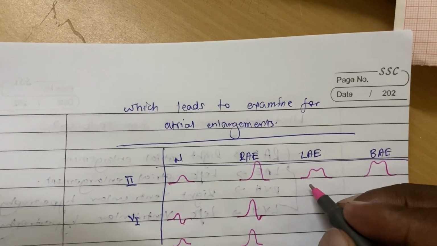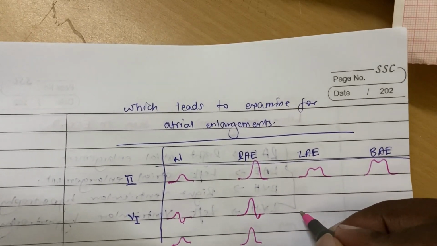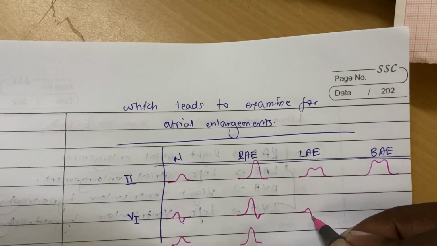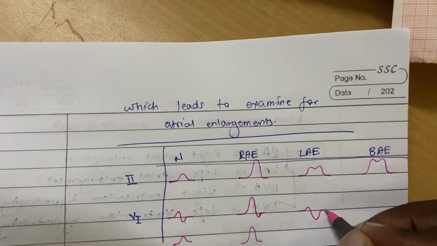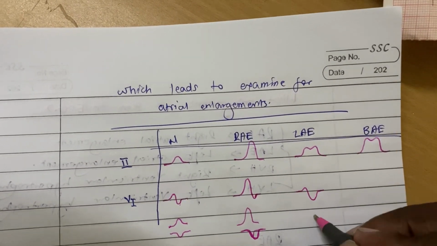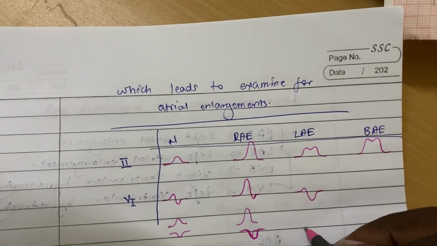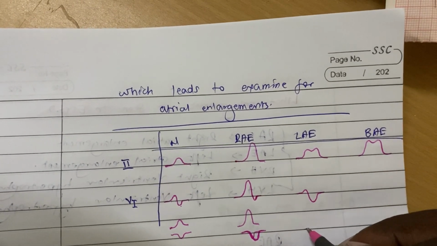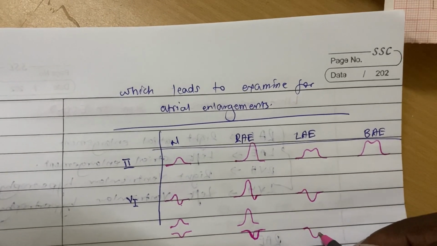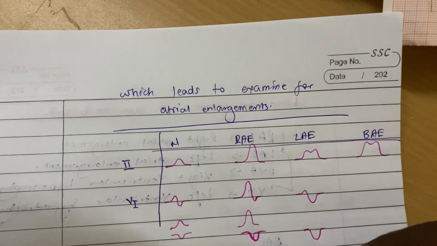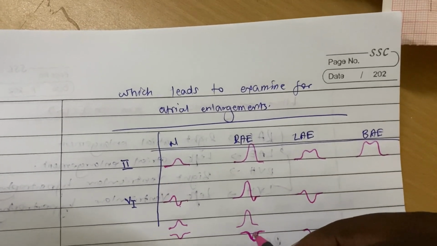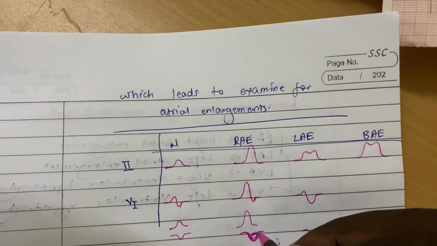Then for P mitral, it will be a shorter component and then wider. And then here it is going to be, this is wrong.